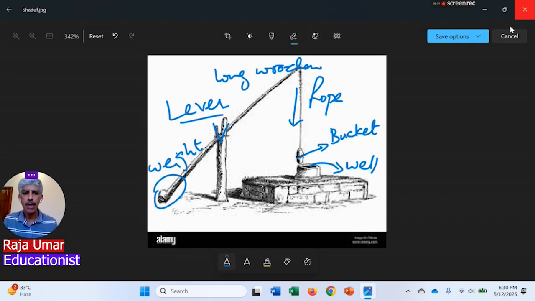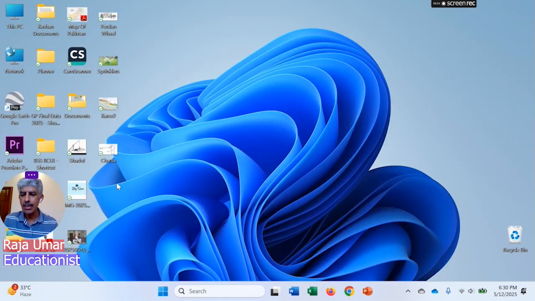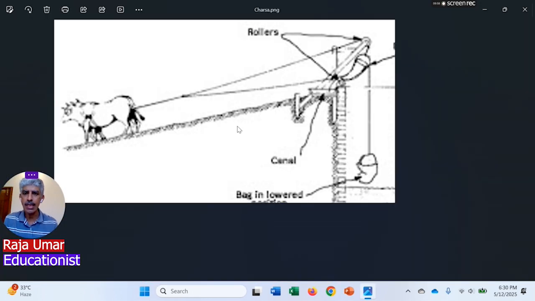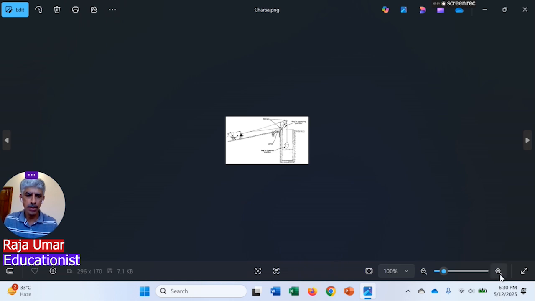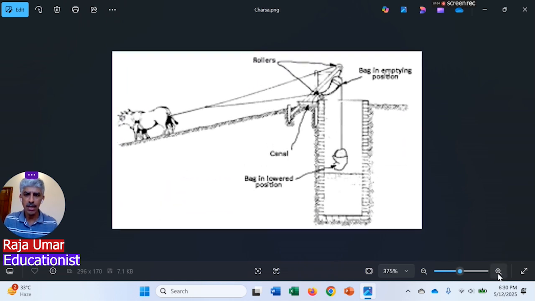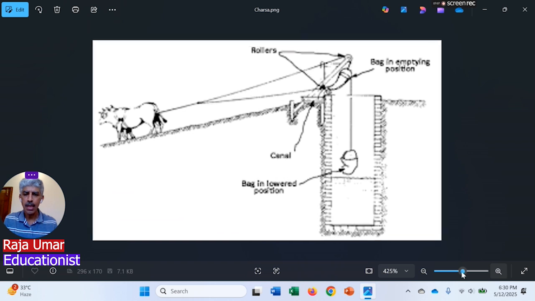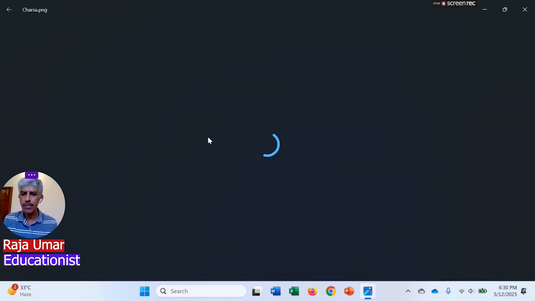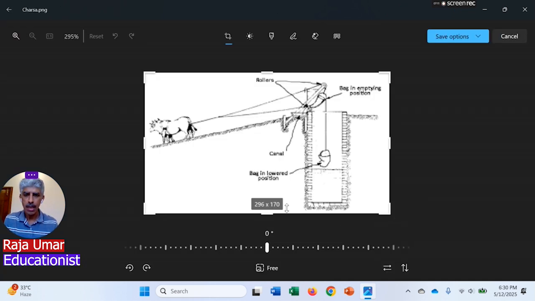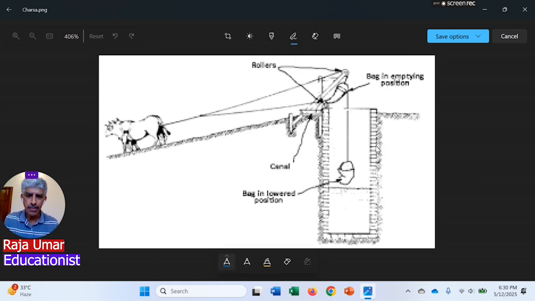And now moving on to the next one, that is Charsa. So here you can see the diagram of Charsa, and here is the well. Over here, this whole thing is the well. This is the depth of the well, and here is the water level in the well.